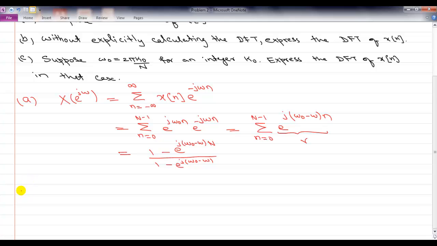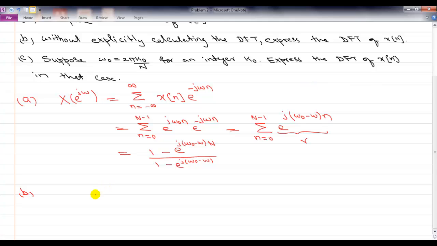So part B of this problem asks you to remember the relationship between the DFT and the DTFT. Part B is saying without explicitly computing the DFT. So you could use the same sequence and compute the DFT explicitly using the DFT formula, but part B is saying you cannot use the formula, but you still have to specify the DFT.